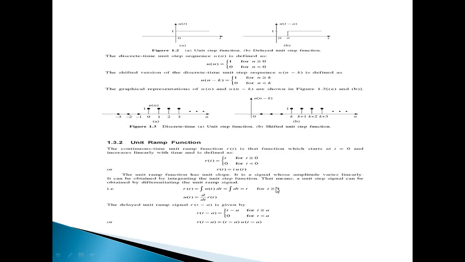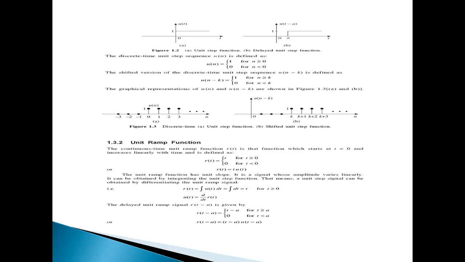And coming to the second one, unit ramp function is also called a linear signal. Coming to the definition, the continuous time unit ramp function R of t is that function which starts at t equal to 0 and increases linearly with time.